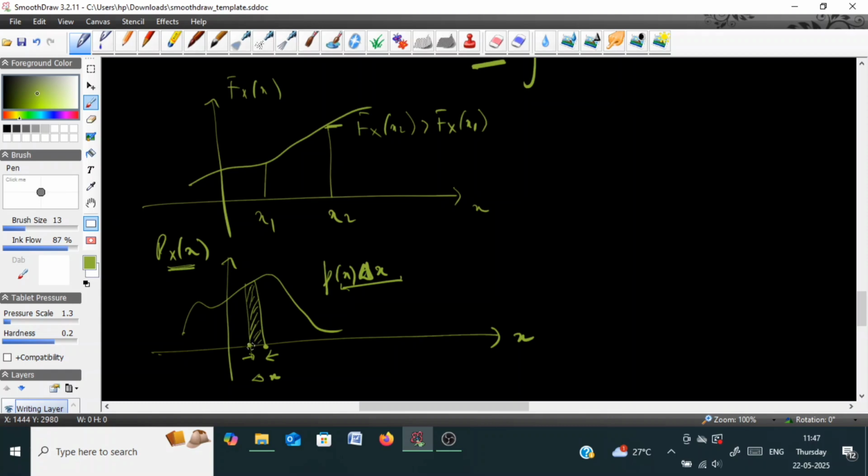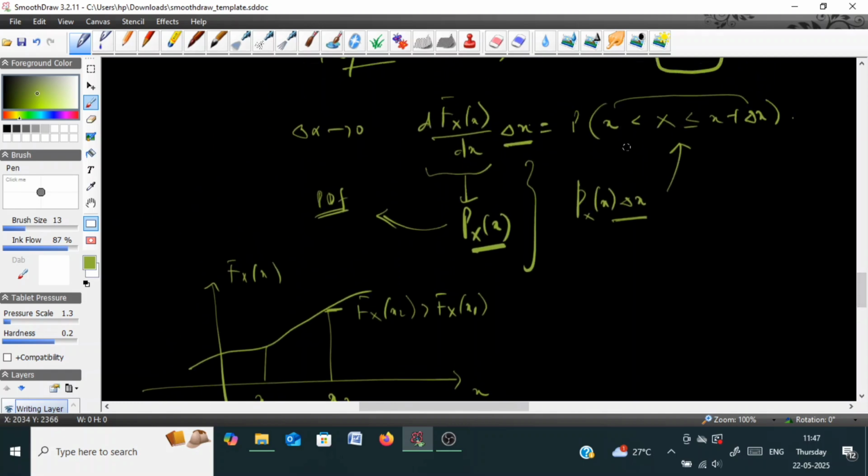Okay, so what you can define is the probability of getting a value of the random variable within a certain range. That is why we first introduced the CDF, then derived the PDF from the CDF. So the PDF, which is the derivative of the CDF, if you multiply it with delta x, indicates the probability of getting the random variable between x and x plus delta x.